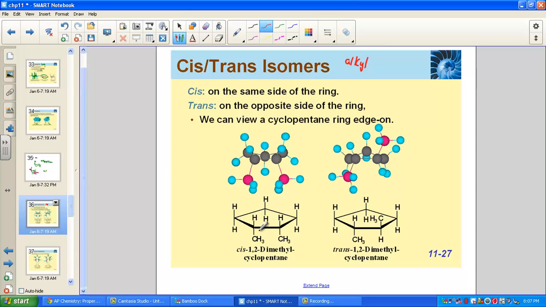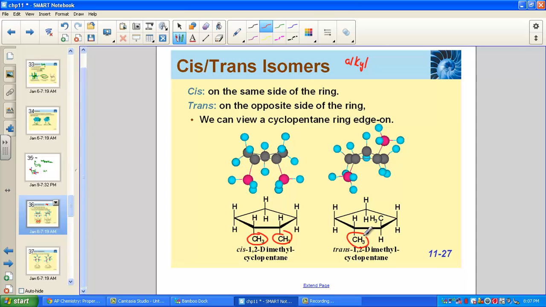Every one of them is axial, up, down, up, down. I have cis-1,2-dimethylcyclopentane. Cis is telling me they're on the same side of the cyclic structure there.